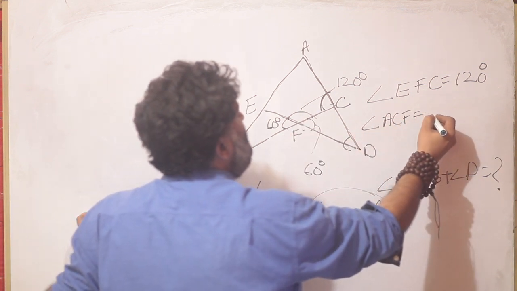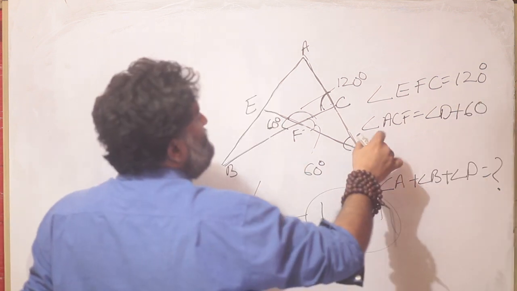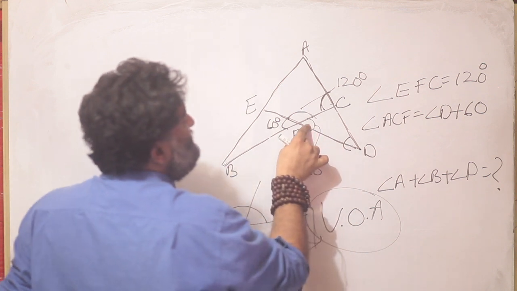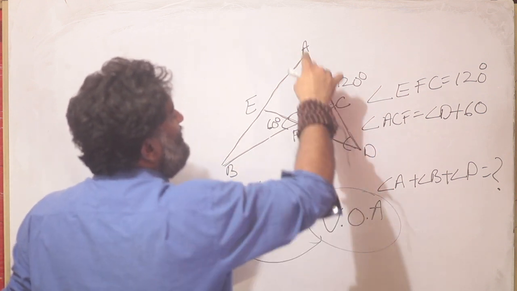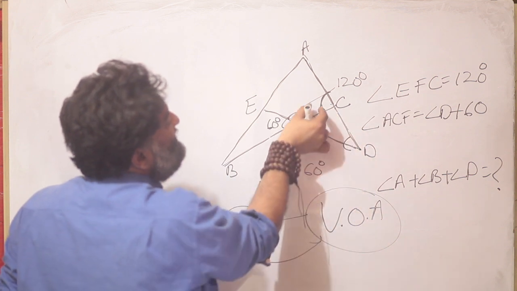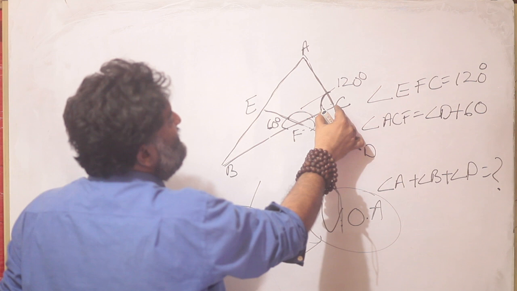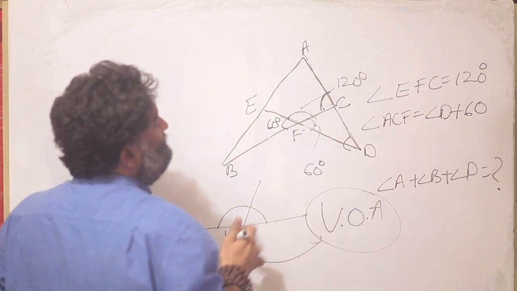Angle DFC I already know is 60 degrees. So I know angle ACF, which is the exterior angle for this triangle, extend this side and you create an exterior angle, is equal to 60 plus angle D.